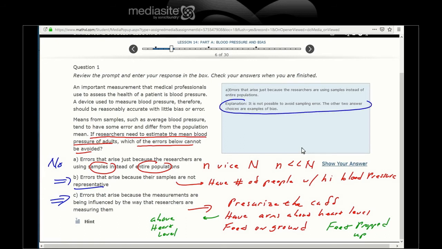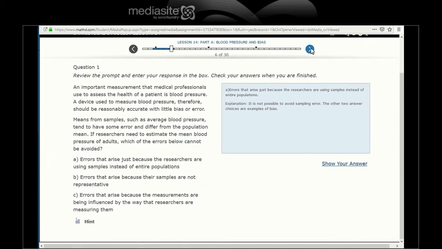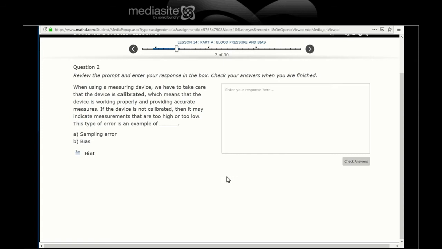And here's an explanation: B and C are ways of introducing biases into the results. Bias is not good. Bias is bad. When using a measuring device, we have to take care that the device is calibrated, which means that the device is working properly and providing accurate measurements.